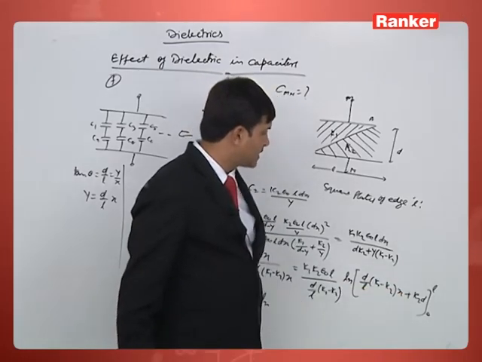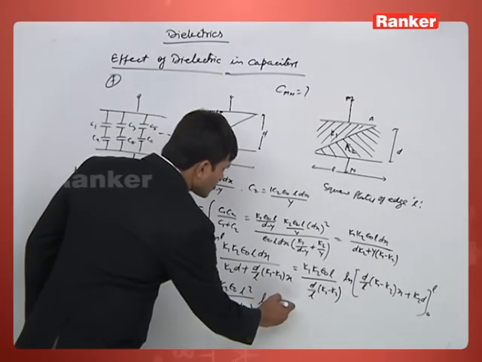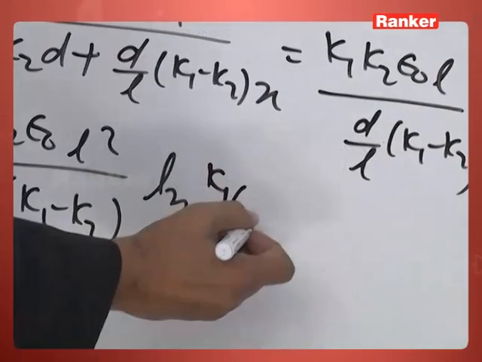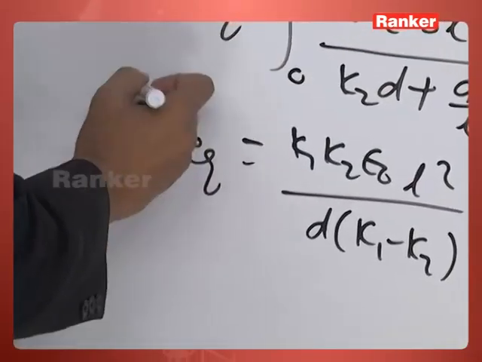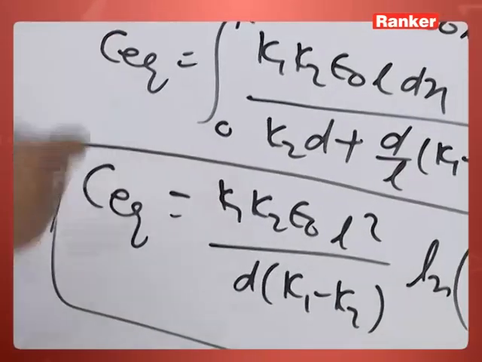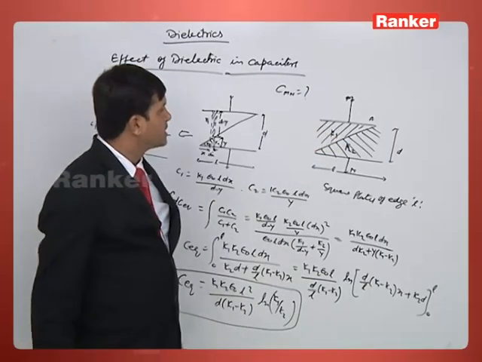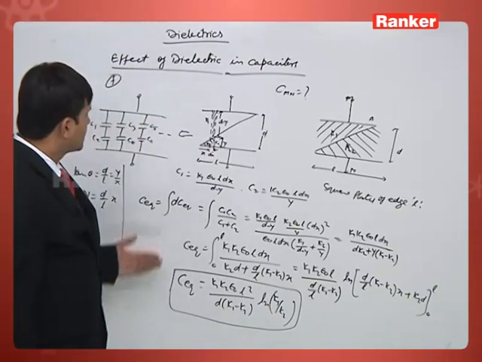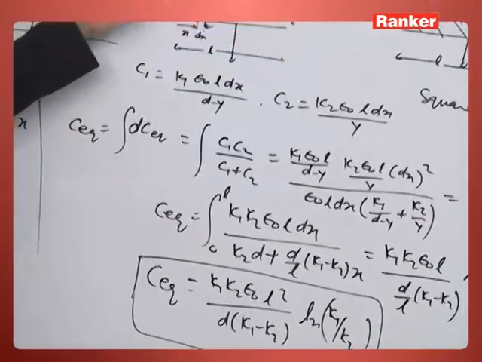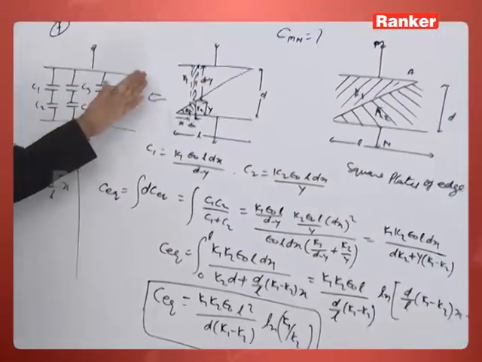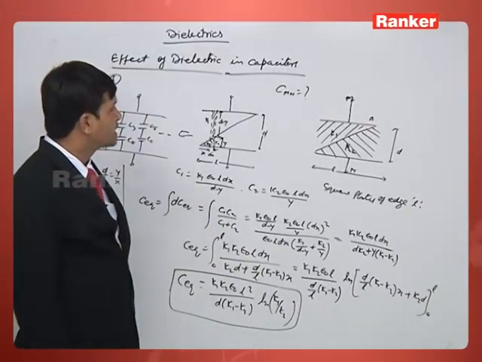So what is left is dK1 and dK2, so ln K1 by K2. This is the C equivalent if the dielectric slab is kept diagonally between the two plates of a capacitor. So in this manner we are able to solve problems if the dielectric slab is not completely straight, or occupies the space between the plates of a capacitor in a different way.